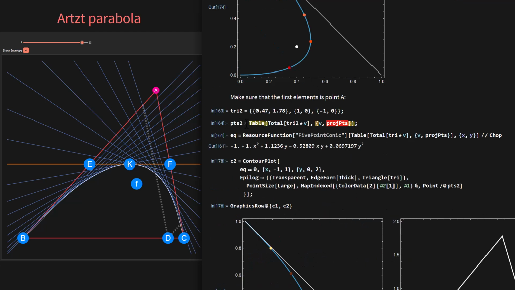And once we have all the points in the real space, we can use this function to directly compute the explicit or implicit formula for x and y to describe this parabola. So this is the curve we have here. And to plot this curve, simply use a contour plot.